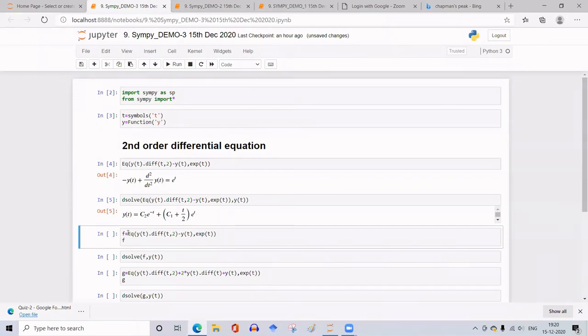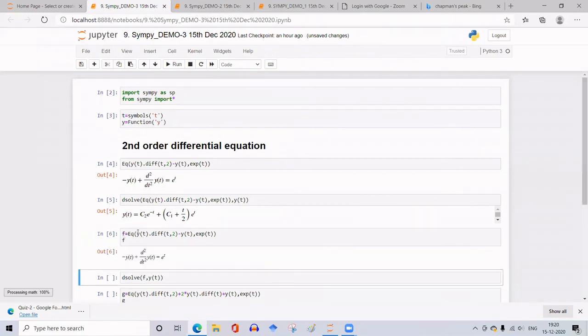Similarly, here I have another variable f given by the equation, which is y of t dot diff t comma 2, that means d square by dt square of y of t minus y of t. Same thing, but I am designating it with a variable name f.